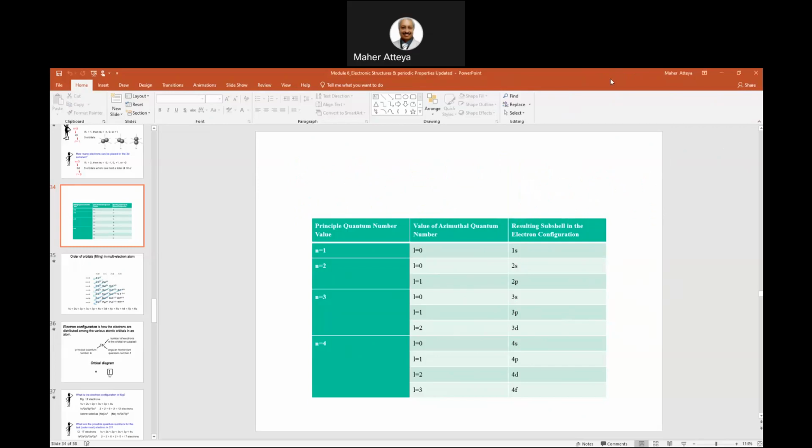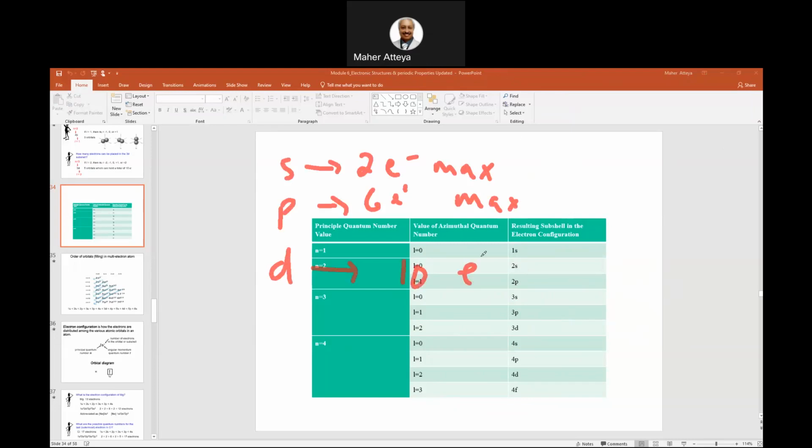So S will have a maximum of 2 electrons, P has 6, D has 10, F has 14.